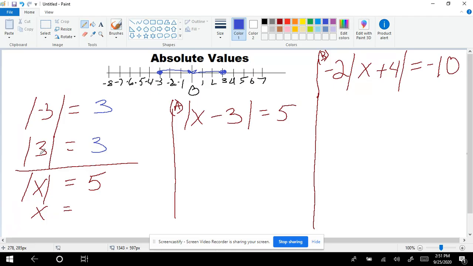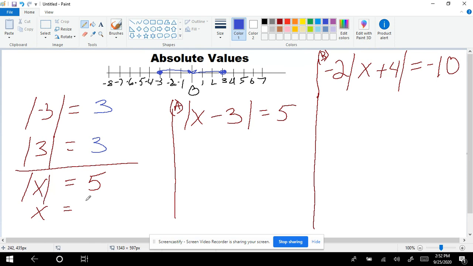Notice we don't necessarily change the sign every time. We only speak in positive terms. So for instance, let's say we have the absolute value of x is equal to 5. In order to solve that, we have to consider two things. When we solve absolute value equations, x could be +5 inside of here, or x could be -5.